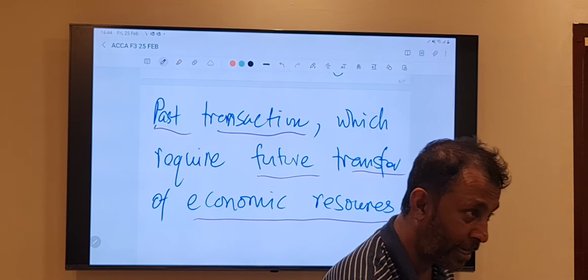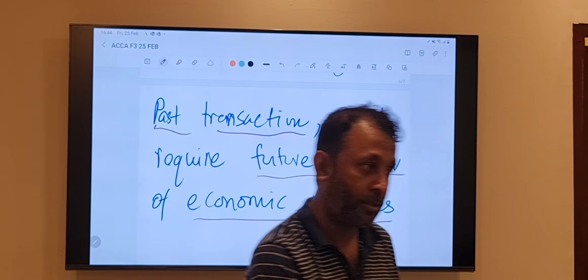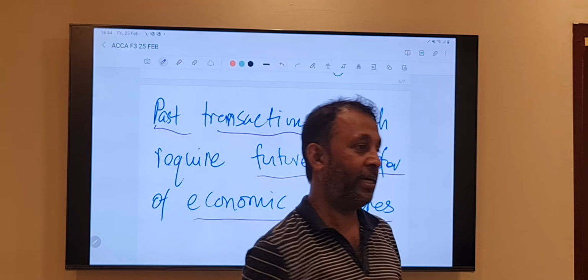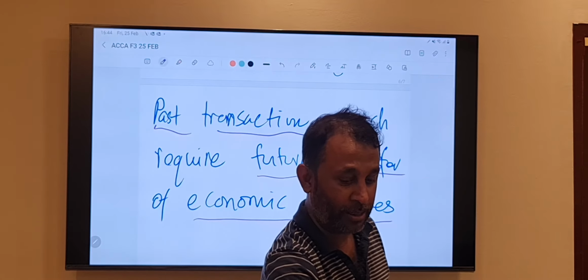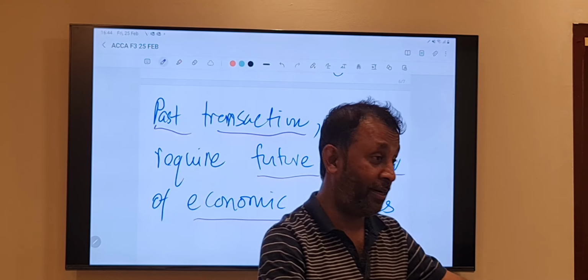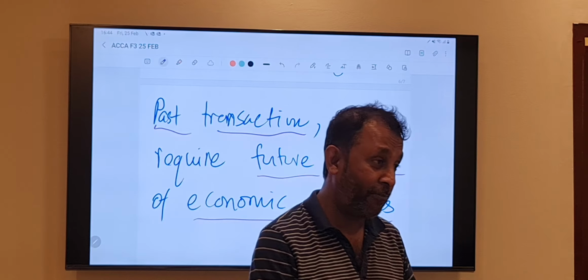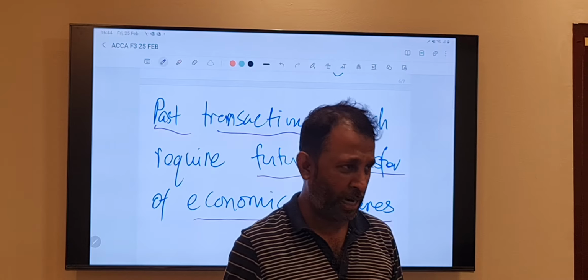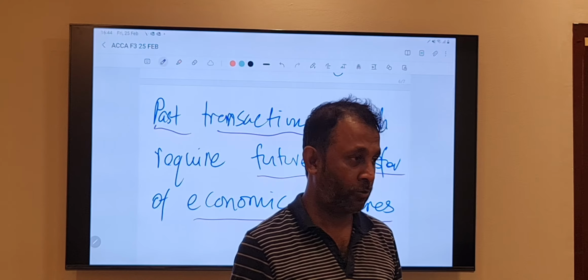Now when I am keeping this table here, suppose I don't have any furniture here. Now you all come to study here, and I tell you, okay, sit down on the floor. Would you be sitting? If at all you are very kind enough, you will do it. But from a business point of view, would you be doing this? No, you would say, are you joking with us? No one will be willing to sit here.